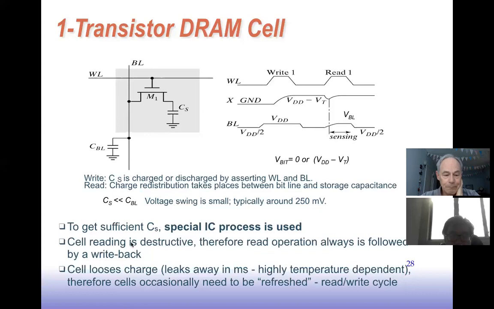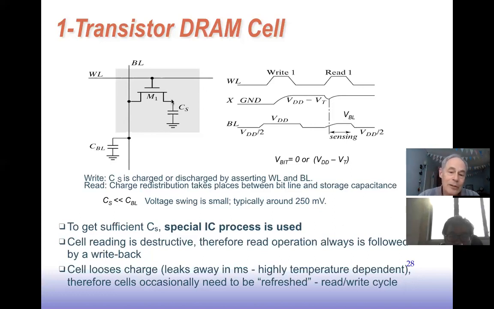Now, you also notice here that the process of reading the cell is destructive, right? After we read, we've lost the value that's inside the bit cell. So we have to do a write back after every read.